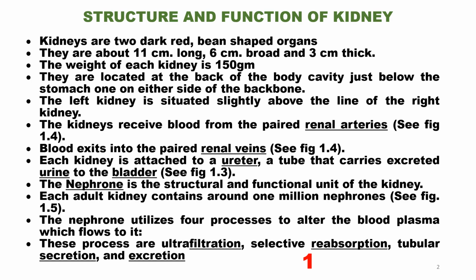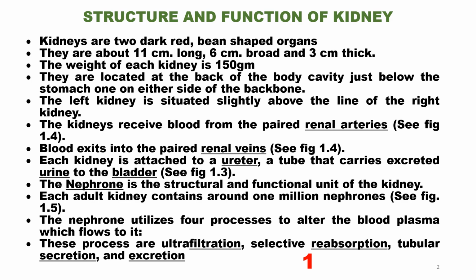They are located at the back of the body cavity, just below the stomach, one on either side of the back, meaning that the two kidneys are located left and right in the lower abdominal cavity, dorsoventrally situated. That means they are neither ventral nor dorsal.